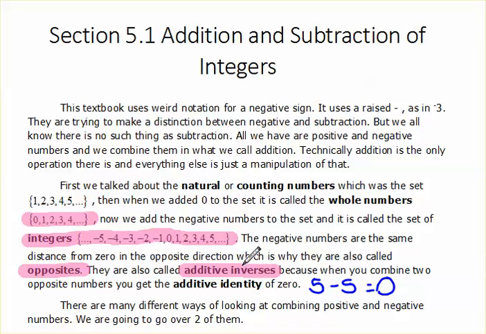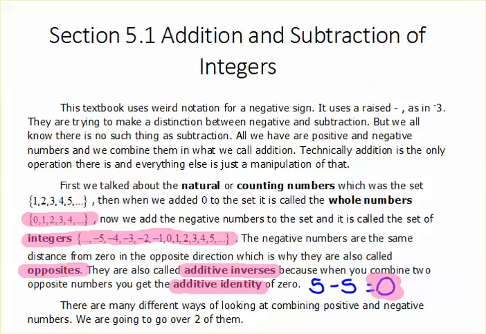That's what's called additive inverses. Additive inverses are also what you use to get what we call the additive identity, which in addition is 0, because it's what you add to something and it doesn't change it.